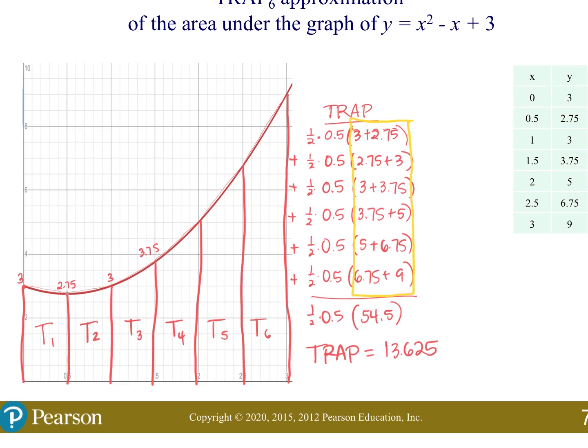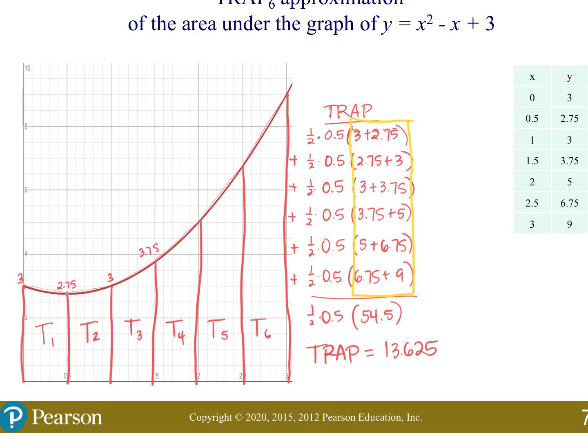All right, how can you get even better than TRAP? This is a TRAP 6. How can you get better than TRAP 6? Sure, TRAP 12, TRAP 24, TRAP whatever, the more traps you have. But no matter how many traps you have, ultimately it will always be too big, even by a little bit, because of the concavity. It's the concavity for trap.